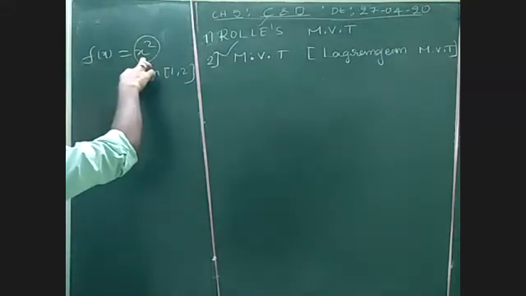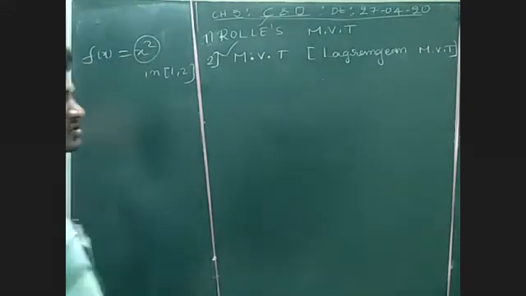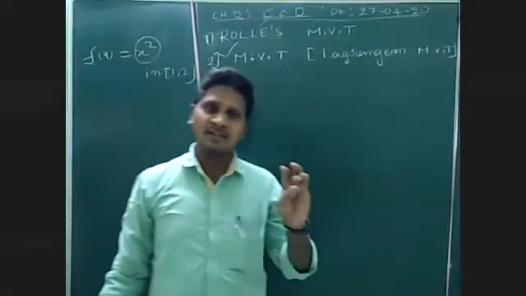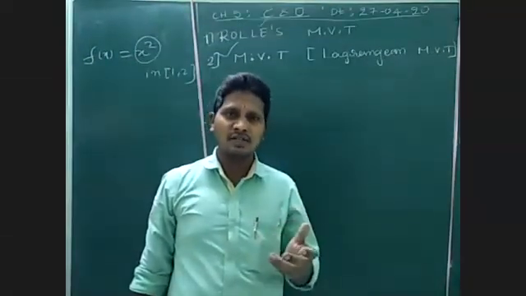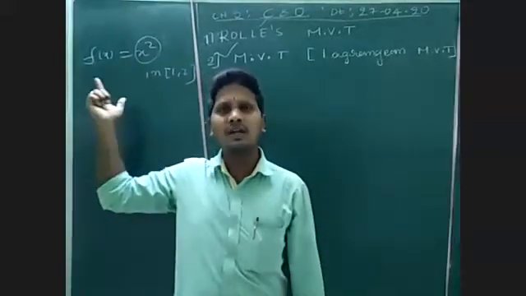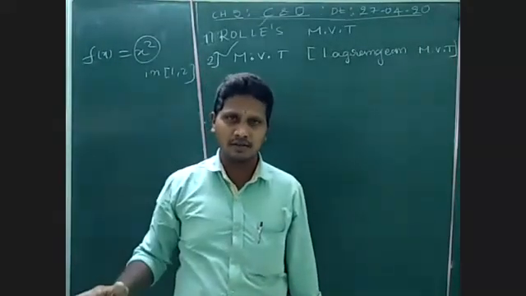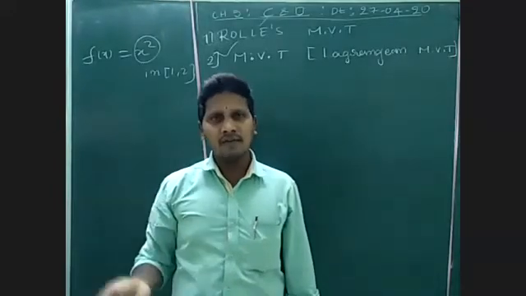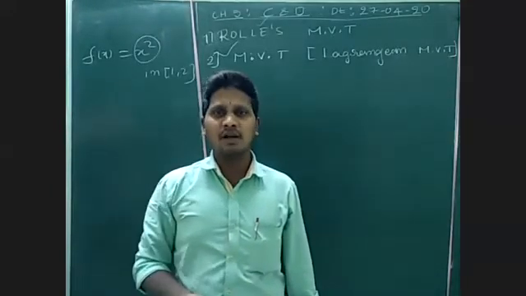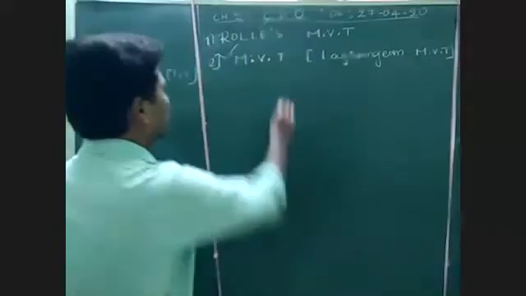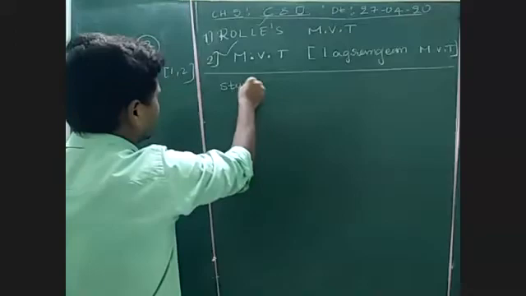We have to check whether the given function is differentiable or not. Till now we studied continuity and differentiability. We need to check both conditions for the given function: first, whether it is continuous or not, and second, whether it is differentiable or not.